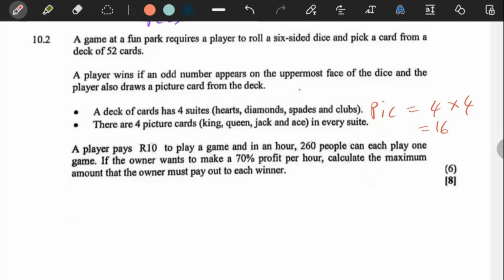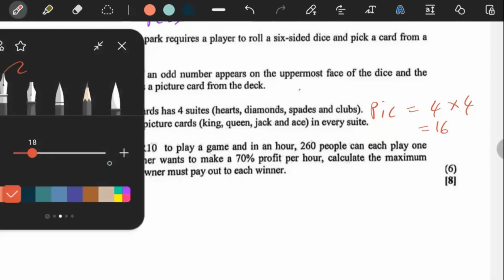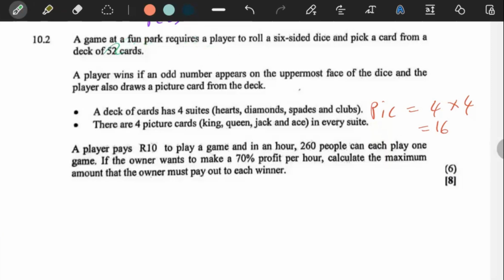Honestly speaking, fortunately, this is towards the end of the exam, so depending on if you have answered all the questions that you can easily answer, then you can tackle this. From the get-go, you do want to read this again while making more notes. The first thing is they said a game at a fun park requires a player to roll a 6-sided dice and pick up a card from a deck of 52 cards.